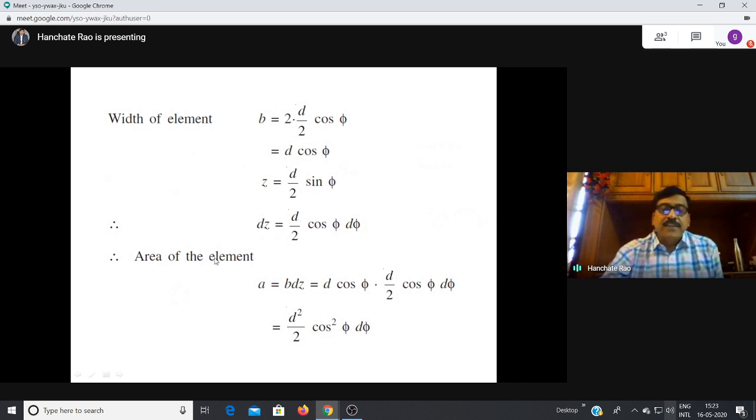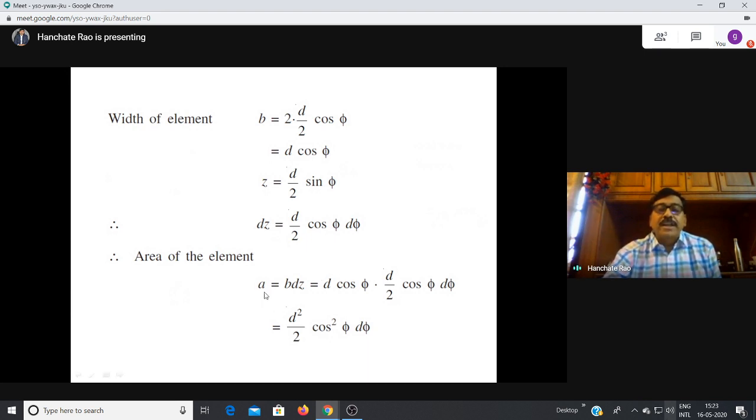Now what is the area of this small element? It is the width of the element multiplied by the thickness of the element dz. So area is equal to b into dz, that is d cos phi into d by 2 cos phi d phi. If you simplify this, it is d square by 2 cos square phi d phi. This is the area of the element. Now what is the moment of this element, A y bar?